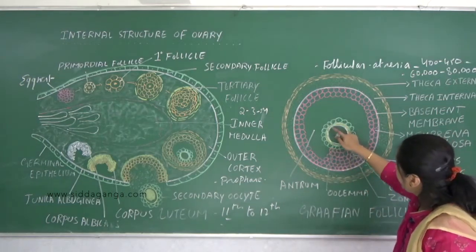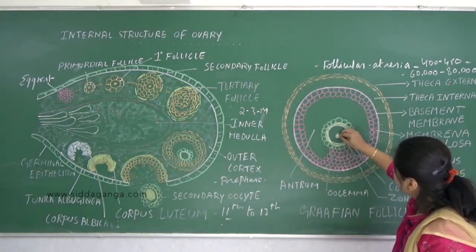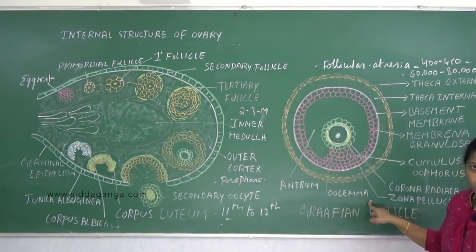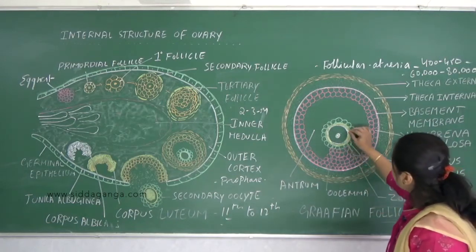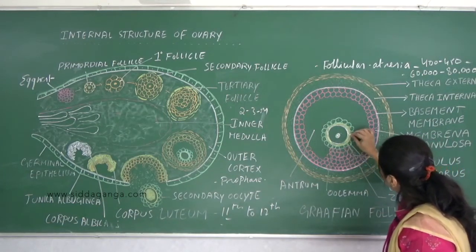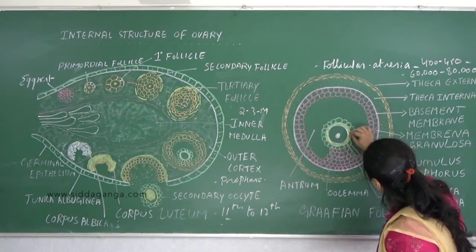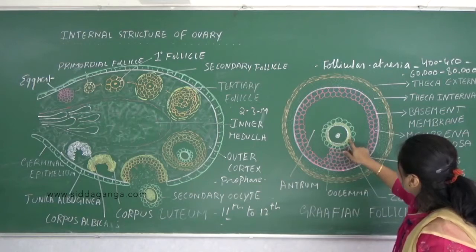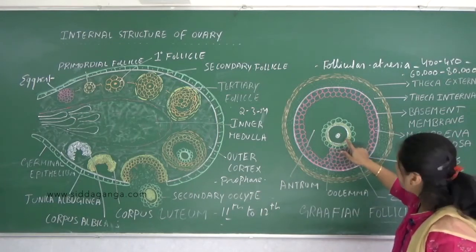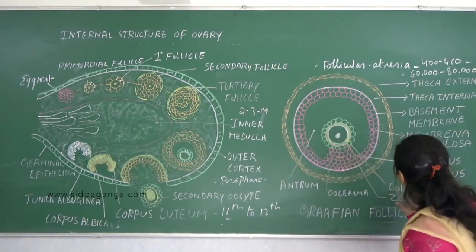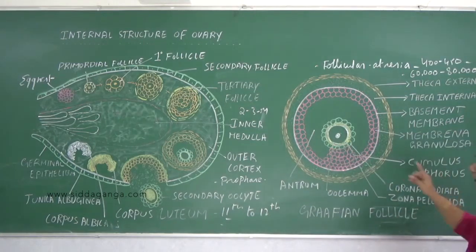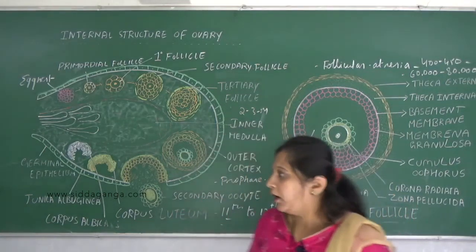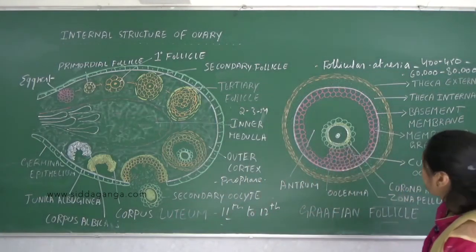Okay, but still it is a secondary oocyte. This is the nucleus of the secondary oocyte, covered by its own plasma membrane, called the oolemma. Then the secondary oocyte forms one more layer on its outer surface, called the zona pellucida. It is a glycoproteinaceous layer, containing glycoprotein.